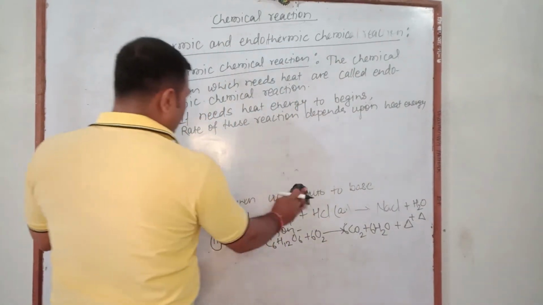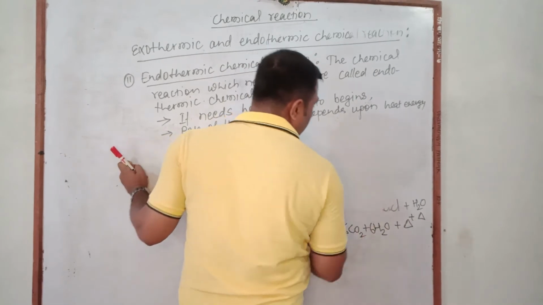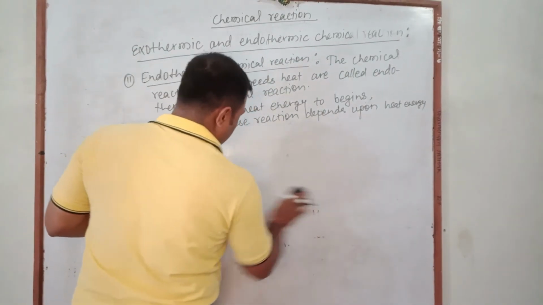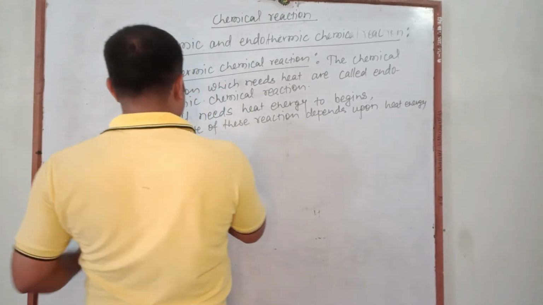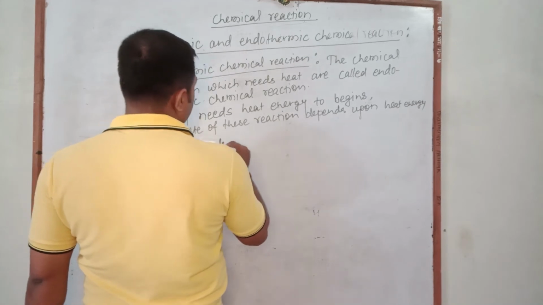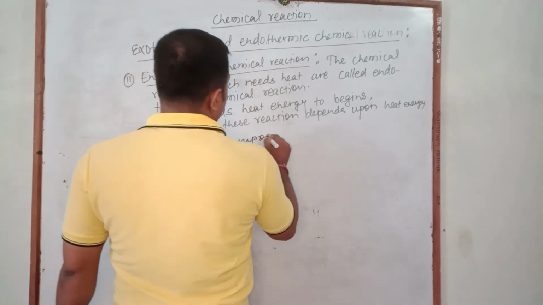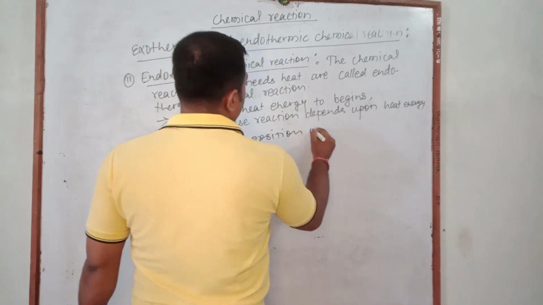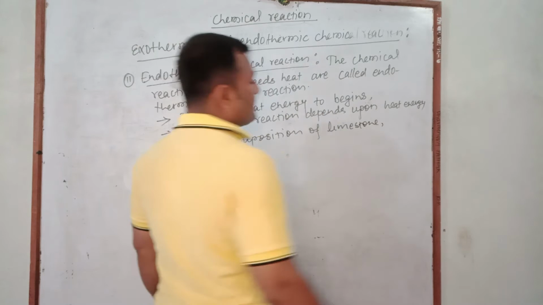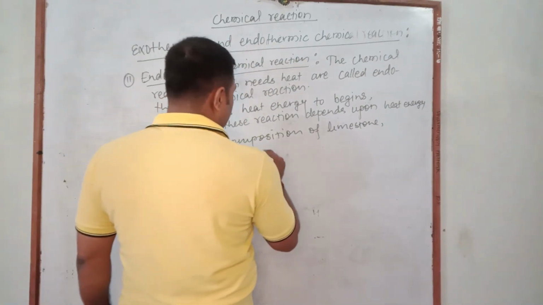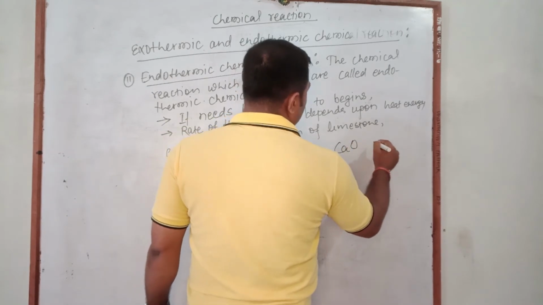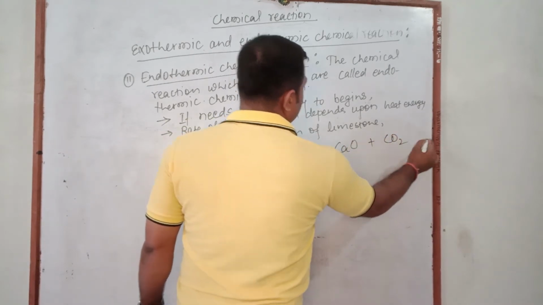After that, here are several examples of endothermic reactions which are going on around us, like we decompose limestone. At first, decomposition of limestone gives lime or calcium oxide and carbon dioxide.